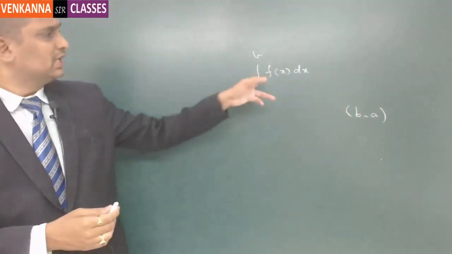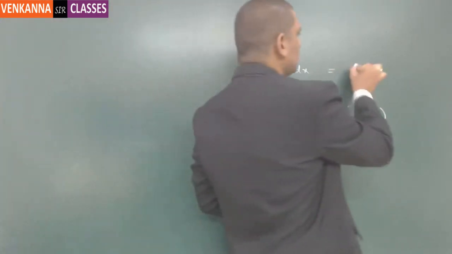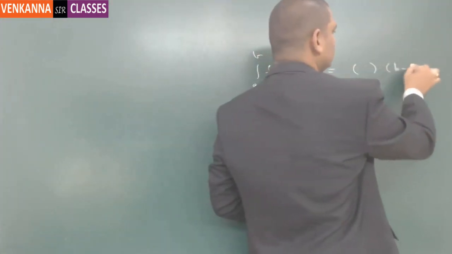In other words, the integral from a to b of f(x) dx is nothing but some value times (b minus a).